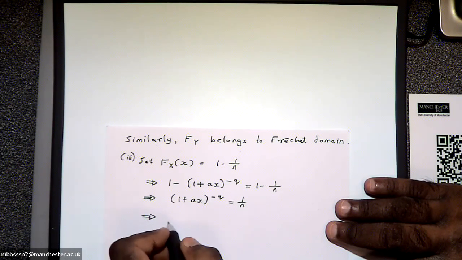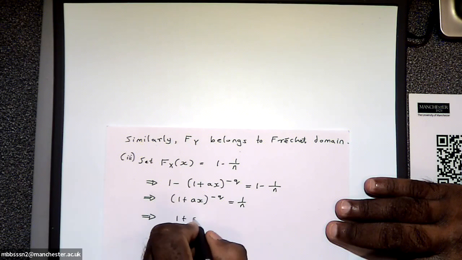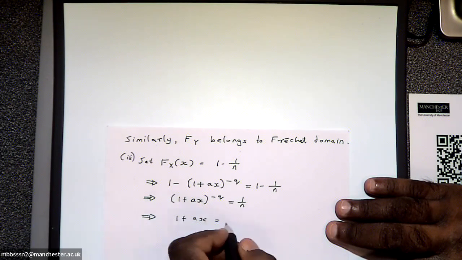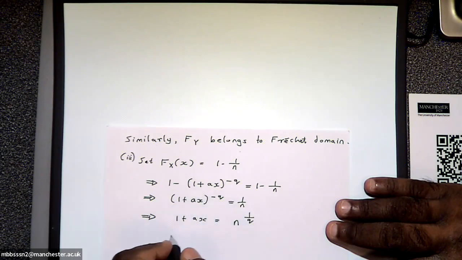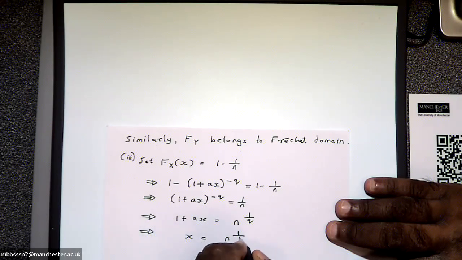So 1 plus ax is equal to n. So x is equal to... okay.